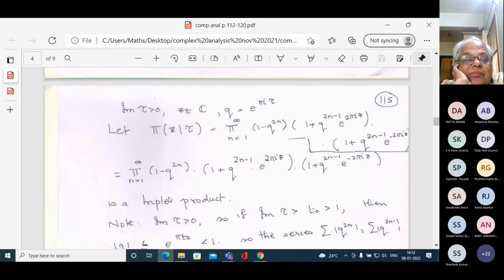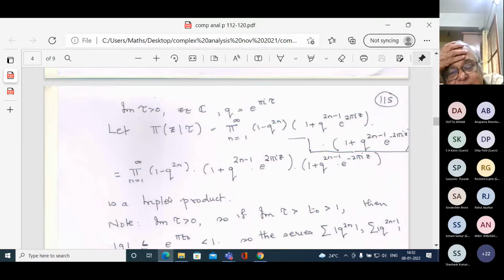Okay, so the first statement is that this is an infinite product, and this infinite product converges because each of those q's is less than 1, and when I multiply it by e to the 2 pi i z, and z is in some compact region of the plane, then these products are bounded away from 1 after a certain stage.